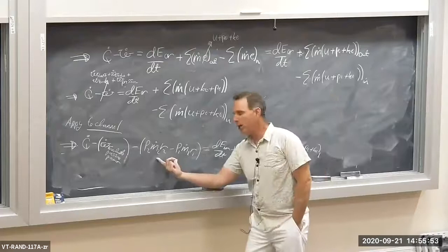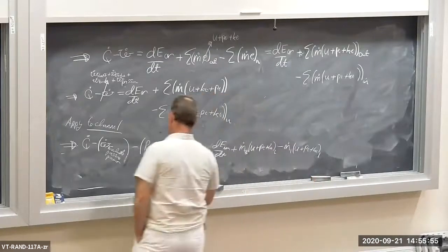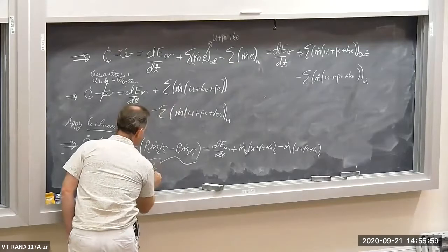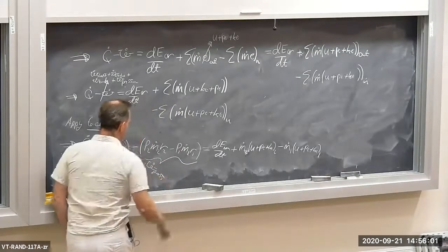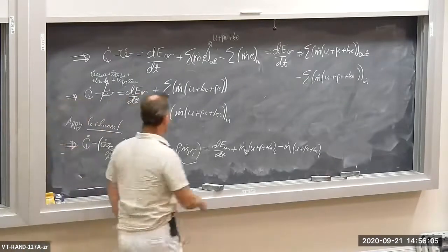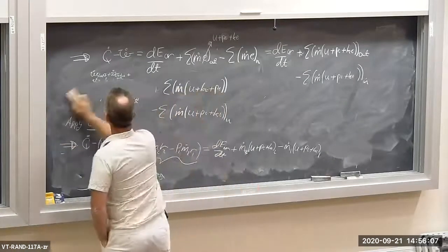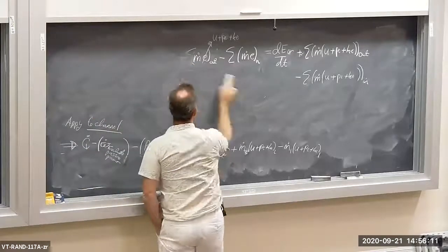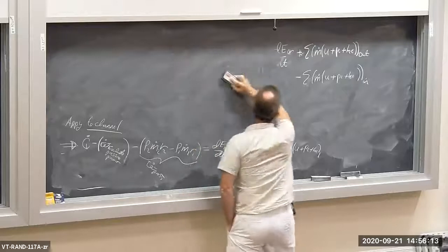Let's take the pressure power term. So this is the pressure power term, W dot. That's my W dot pressure. Let's take it and put it on the other side of the equation. Let's move it over to the right.